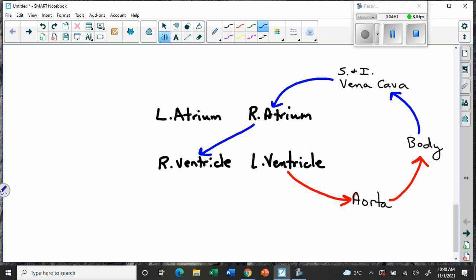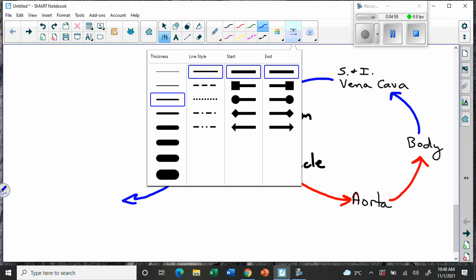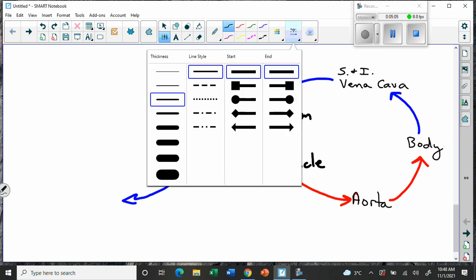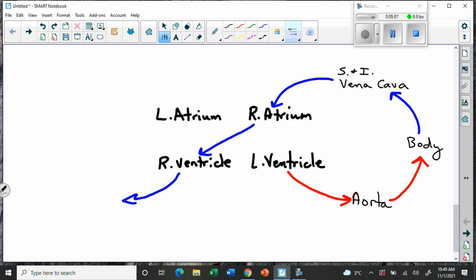Then, from the right ventricle, it goes this way in a circle. And the first place it goes is into what are called the pulmonary arteries, the left and right pulmonary arteries.